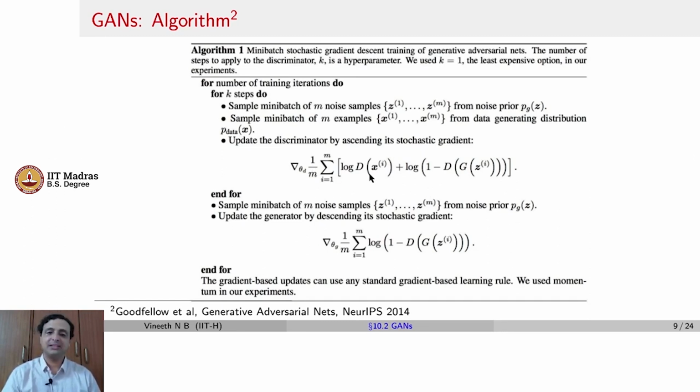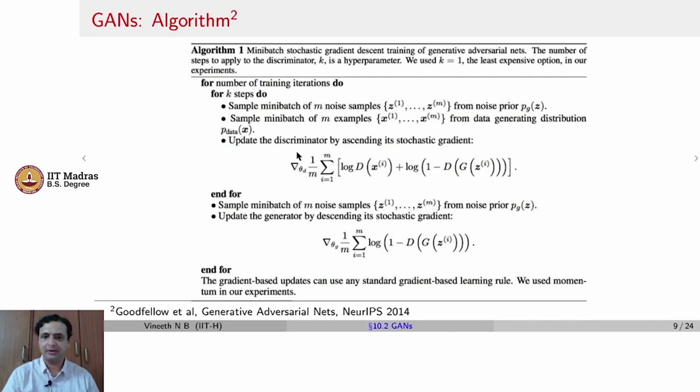And a maximization problem is solved by gradient ascent, just like how a minimization problem is solved by gradient descent. A maximization problem is solved by gradient ascent, where in each iteration you go in the direction of the positive gradient, not the negative gradient the way you did with gradient descent.